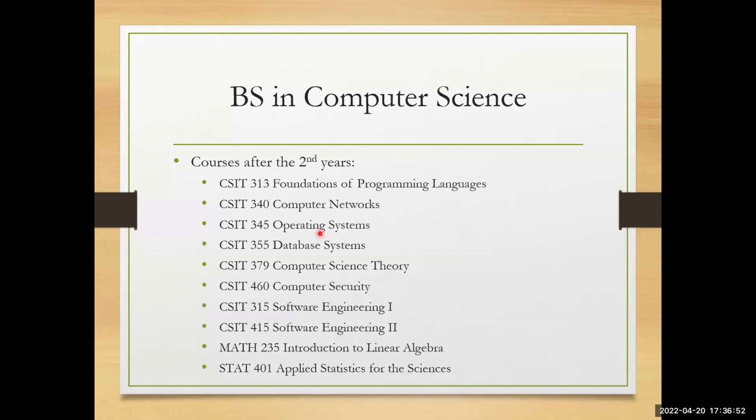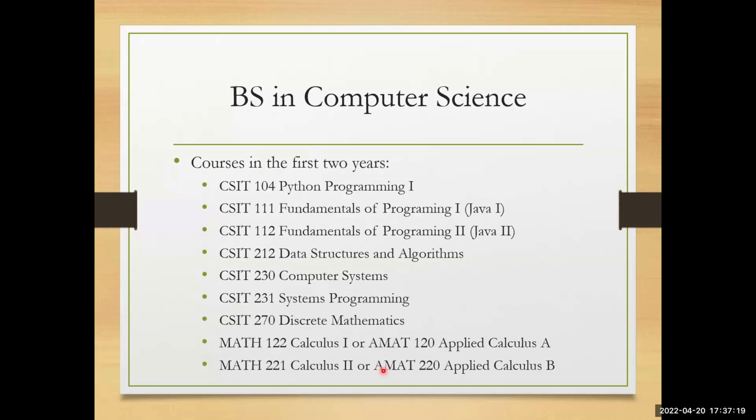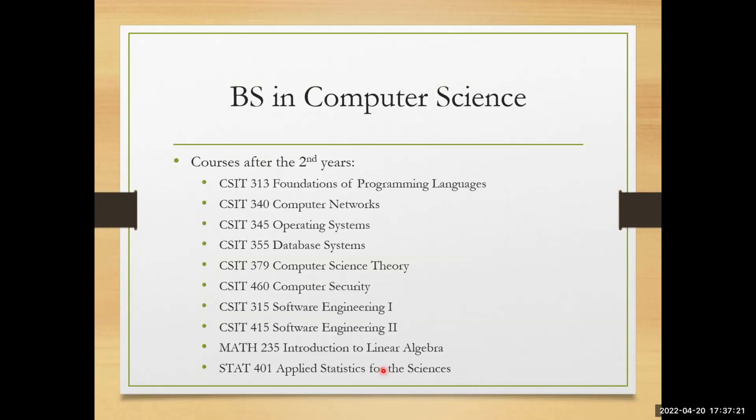After that, you will take some advanced computer science courses: foundations of programming languages, computer networks, operating systems, databases, computer science theory, computer security, and many more. So this is the Bachelor of Science in Computer Science program. Any questions regarding our program?